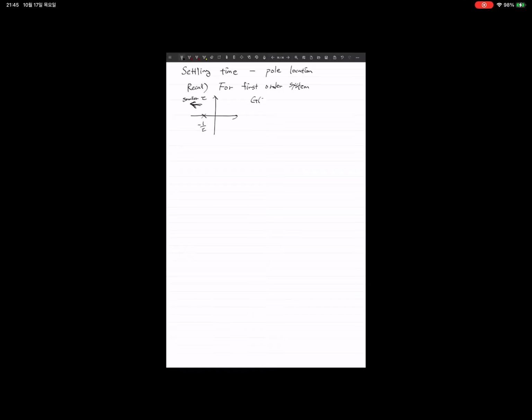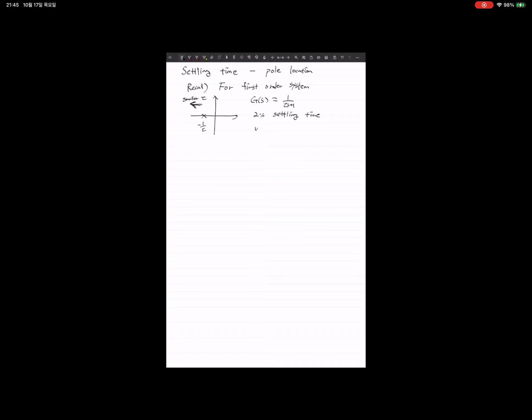So first order system transfer function is 1 over tau s plus 1, and I'd like to find the 2% settling time.